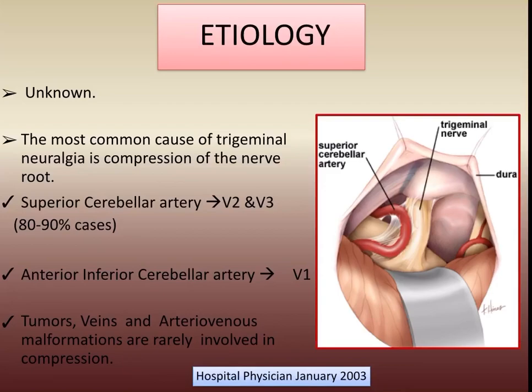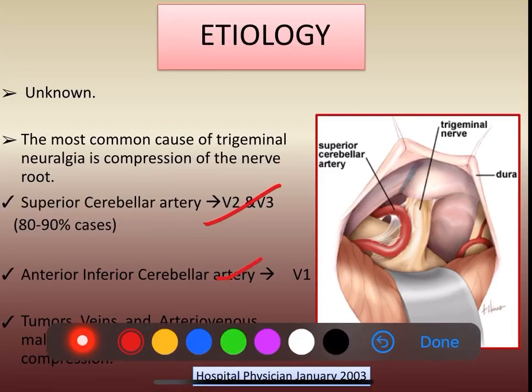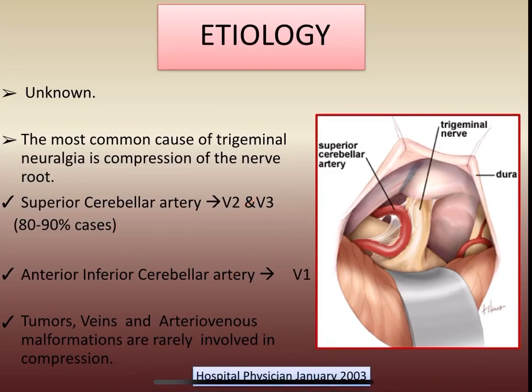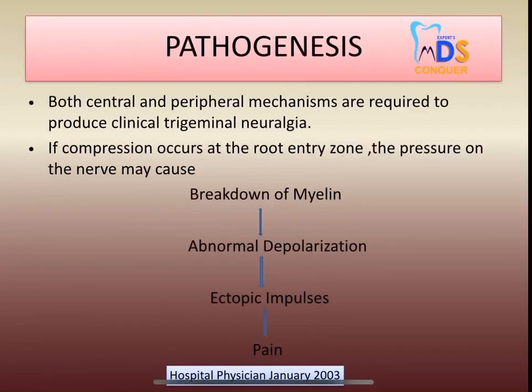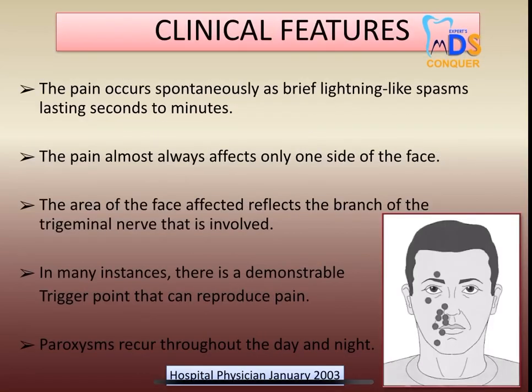If you write this, it's useful from the etiology point of view. Tumors, veins or any arteriovenous malformations can also cause it. As for the pathogenesis, if there is compression, there will be breakdown of the myelin, which causes abnormal depolarization, and that results in ectopic impulses causing the pain. This is a small pathogenesis which you can put there.